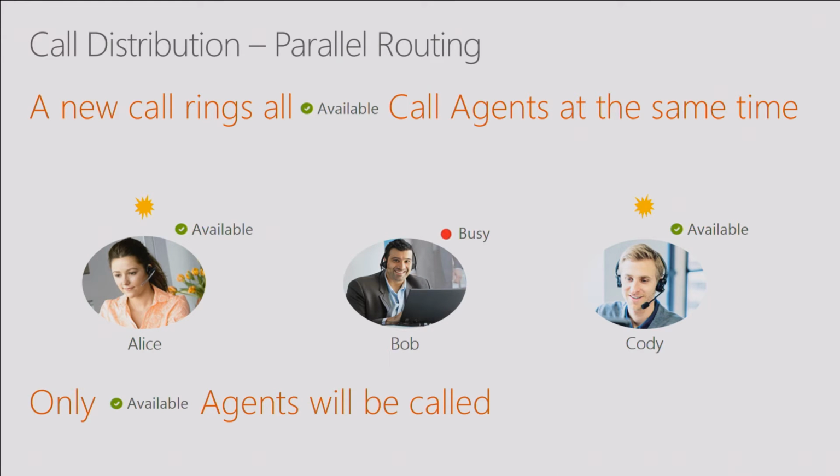In this situation, Alice and Cody are competing for the same call, and if Alice picks up the call, Cody will see a notification on his toast saying the call has been picked up by Alice. So he will know that the call is handled, the call is not abandoned, somebody's taking care of this call. And this will come in the native Skype for Business client.